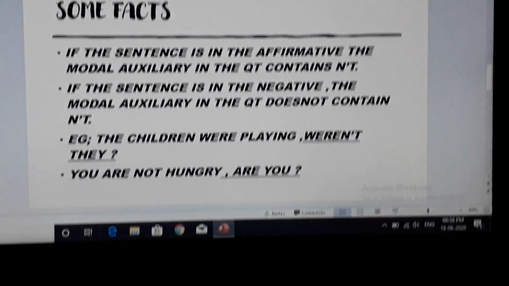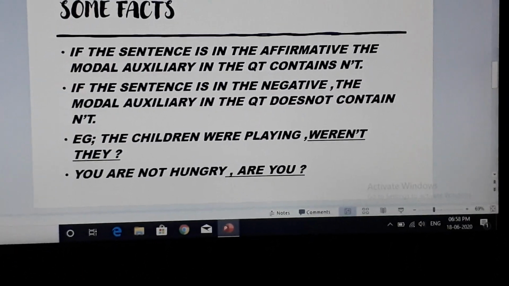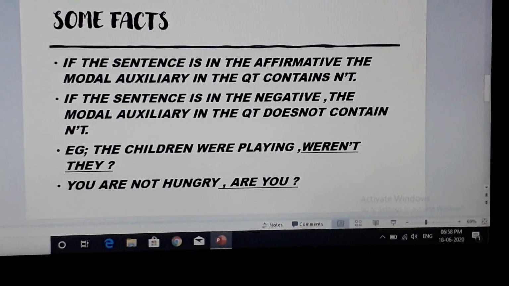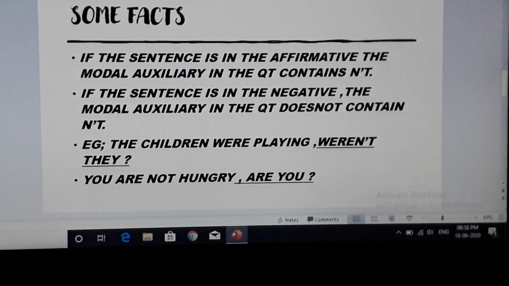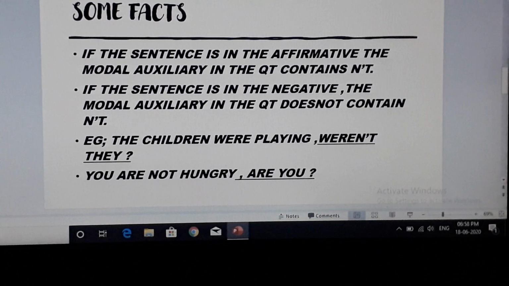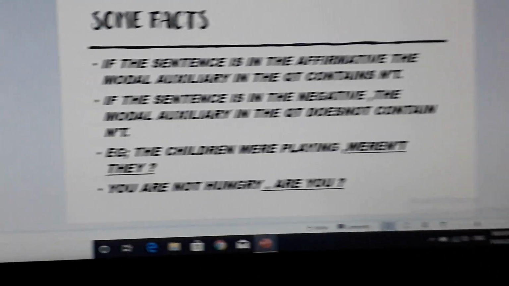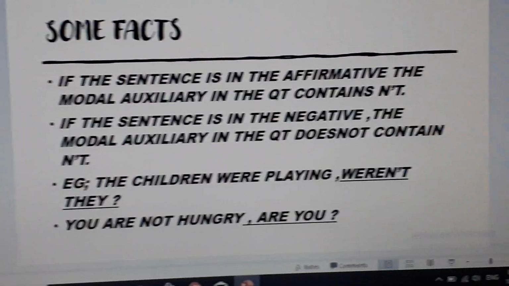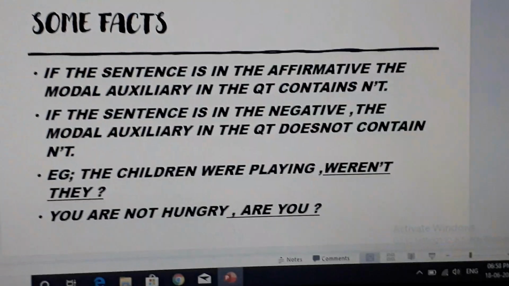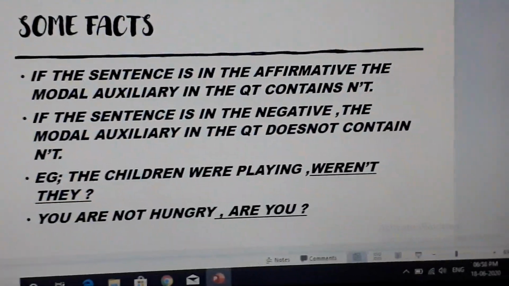That means we have to make the auxiliary negative. If the sentence is in the negative, the modal auxiliary in the question tag does not contain not. Again, that means if the given sentence is negative, the modal auxiliary has to be positive. That means we have to remove the negative word.